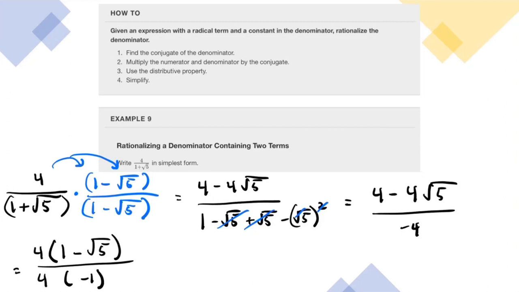So the 4's cancel. Dividing by negative 1 is the same as multiplying by negative 1, so we can distribute that negative. We get negative 1 plus the square root of 5.